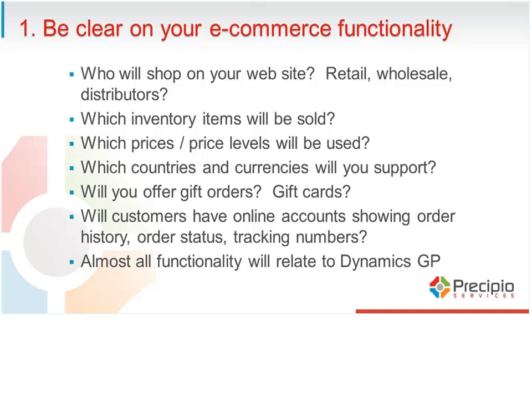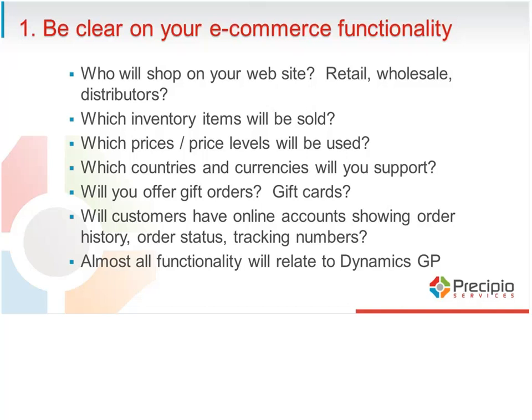So an example is, who's going to shop on your website? Who are your customers? Do you have retail customers, or do you also need to accommodate wholesale customers or distributors? Those different types of customers may need a different experience on the website, and that can involve different inventory items that they see or don't see. And maybe you have different price levels for each of those customers, or maybe some order in bulk and some do not.